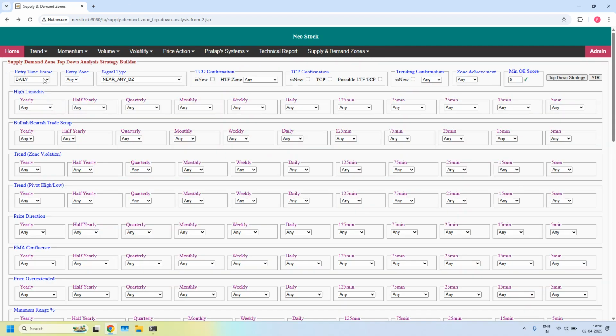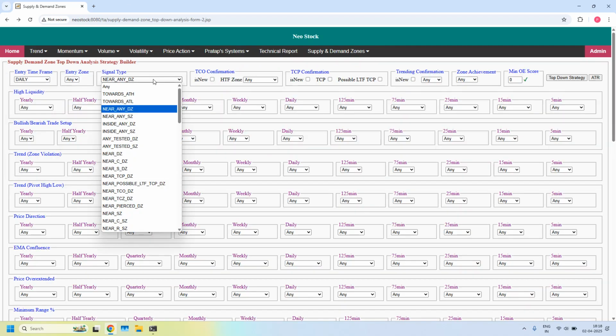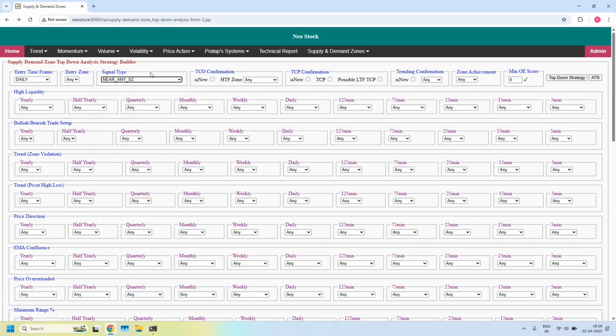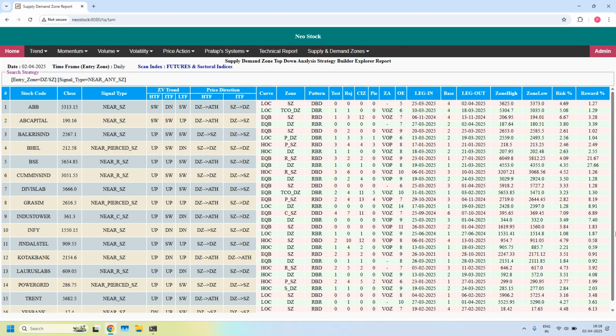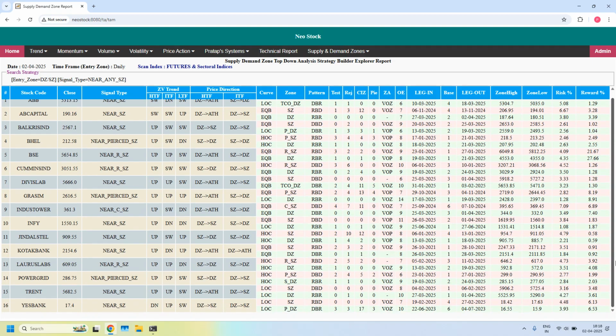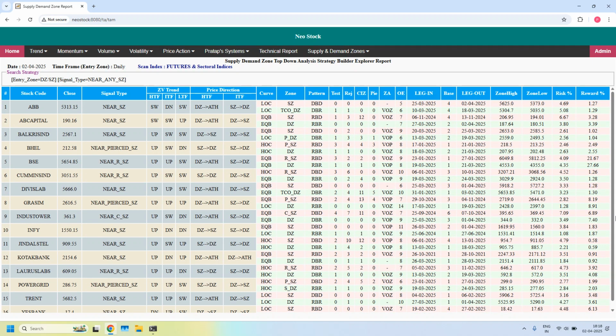Okay, next, a daily time frame, let us find the stocks near to the daily supply zone. We got 16 stocks. Let us identify high liquidity supply zones from this list. BSE is having a daily high liquidity supply zone. Cummins is having a daily high liquidity supply zone.